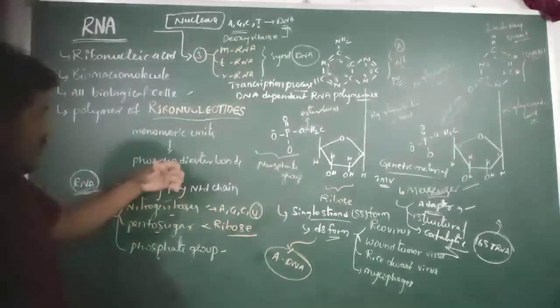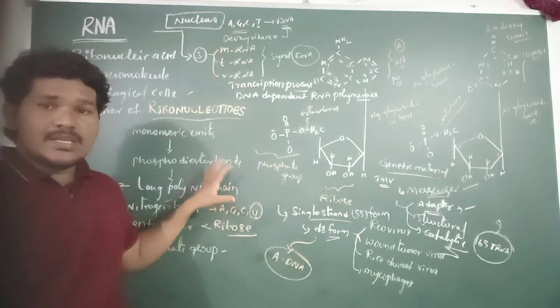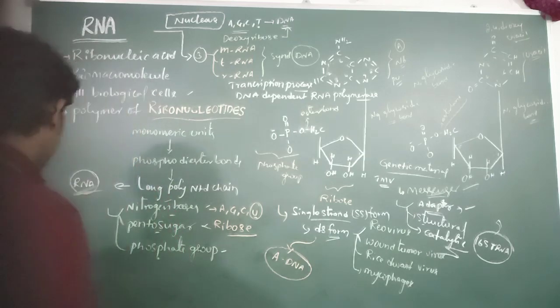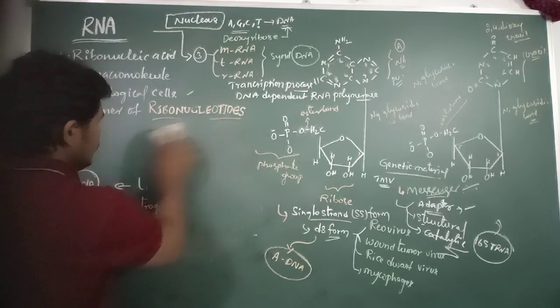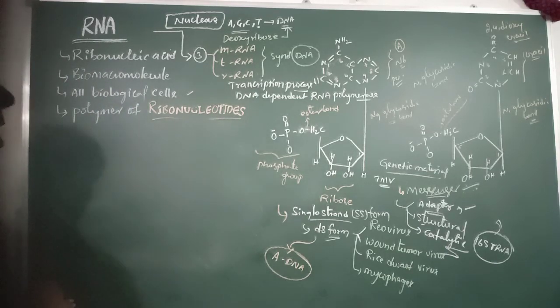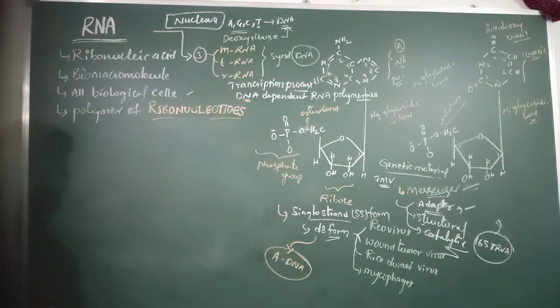Now I will show the synthesis of all these three different types of RNA molecules with a diagrammatic representation. Let us see the three different kinds of RNA molecules which are synthesized by the transcription process from the DNA molecule by the enzyme DNA dependent RNA polymerase.